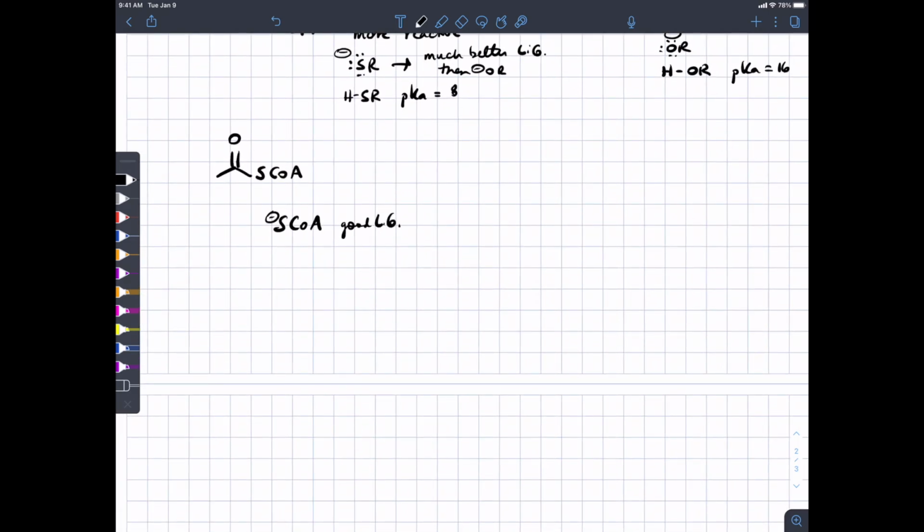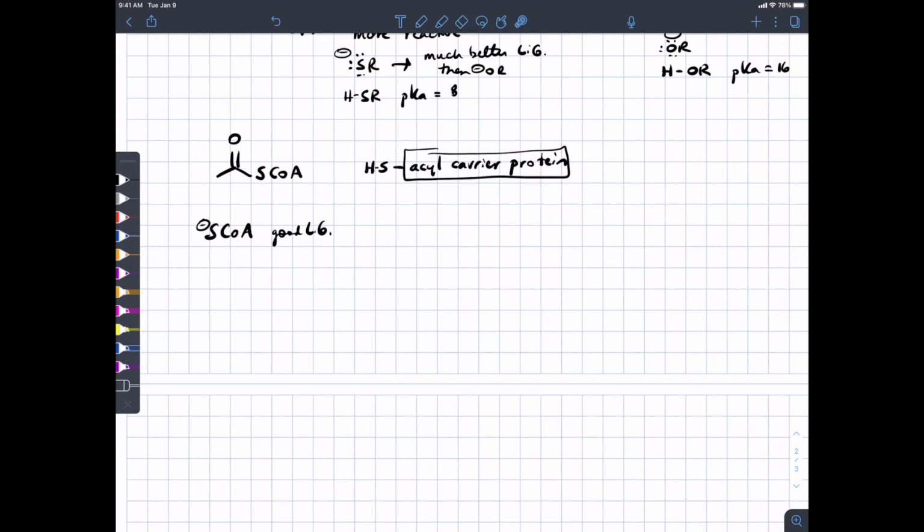So nature begins with this thioester and does what's called a trans-thioesterification reaction, in which the sulfur at the end of this acyl carrier protein attacks the carbonyl carbon to give a tetrahedral intermediate, and then the CoA thiolate is kicked off.